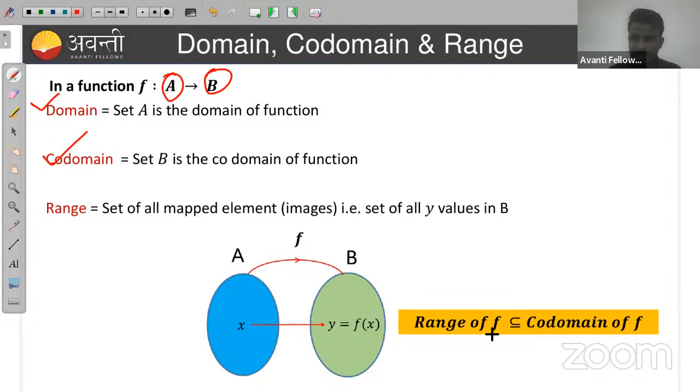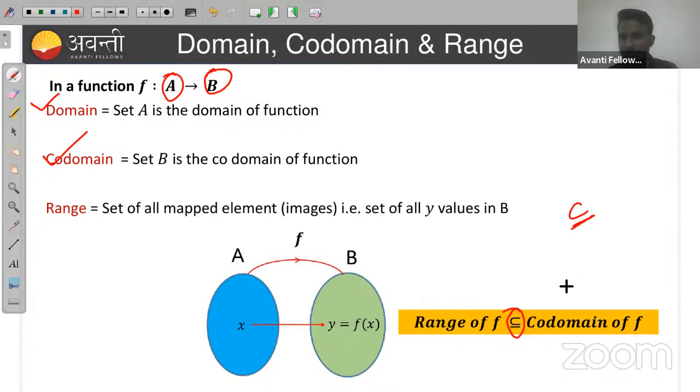So we can write range of F is a subset, proper subset or maybe equal, of the codomain. Later we will see that if range is equal to codomain, then it is an onto function. And if range is not equal to codomain, if it is a proper subset of the codomain, that is called an into function.